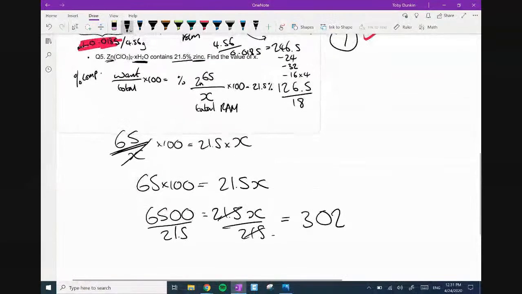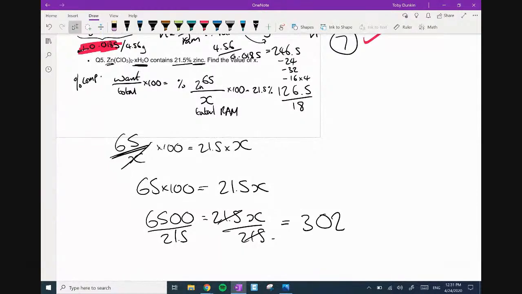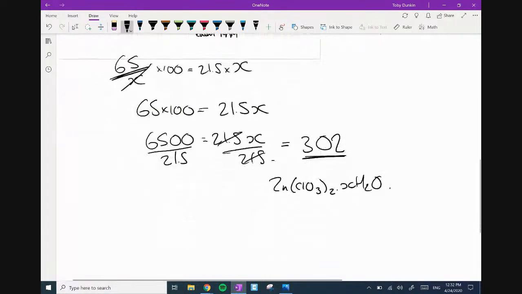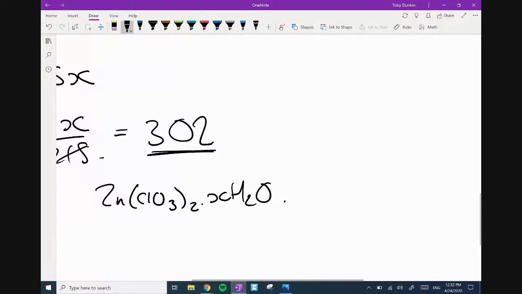So the total hydrated zinc chlorate weighs 302. This is Zn(ClO3)2.XH2O. Take away everybody that you know. From this, we're going to minus 65, that's for the zinc. We're going to minus 2 chlorines, so 35.5 times 2.